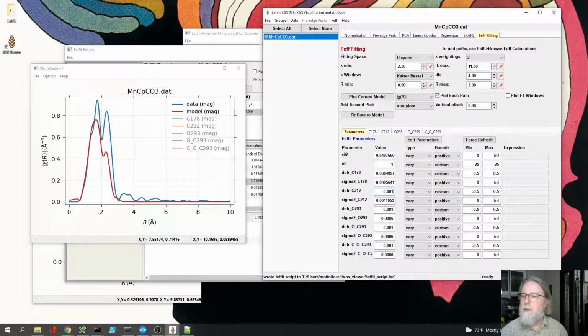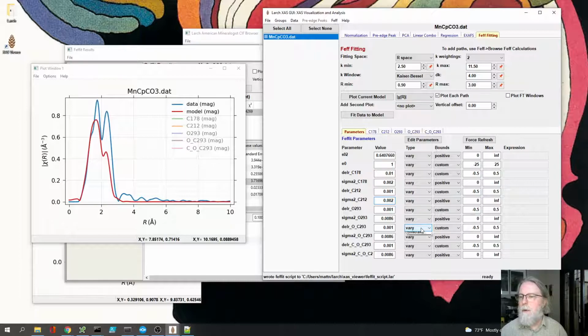So I'm just going to assert that those delta R's are around 0.01 or 0.001. I'll call this one 0.01. What the heck? And we have sigma squareds that should be not too small. But also I can say that for all of these distances that are at 2.93, let's just say they all have the same delta R. Now the bond could bend or extend or so on.